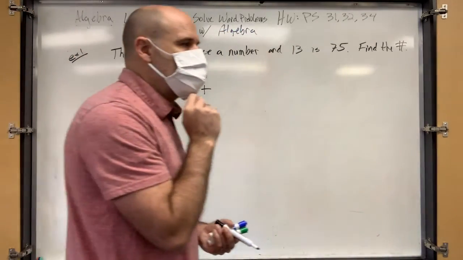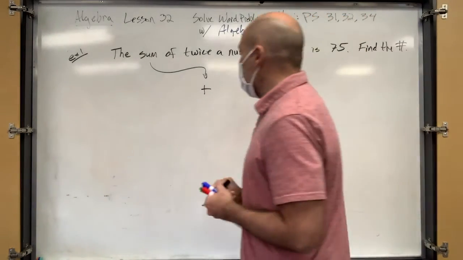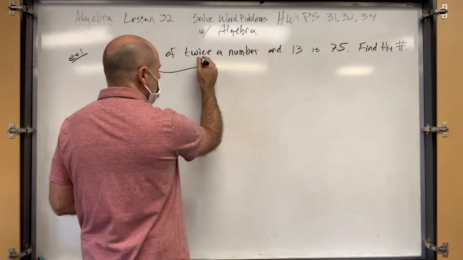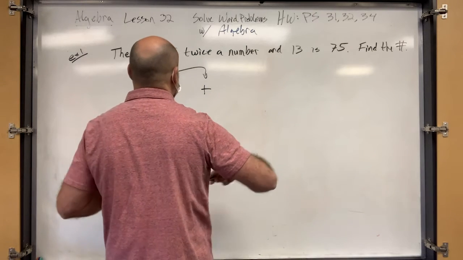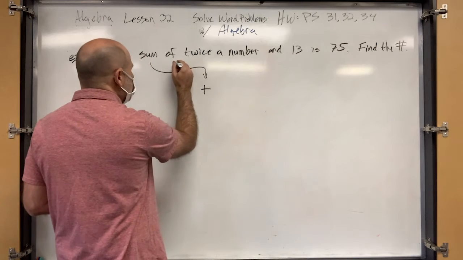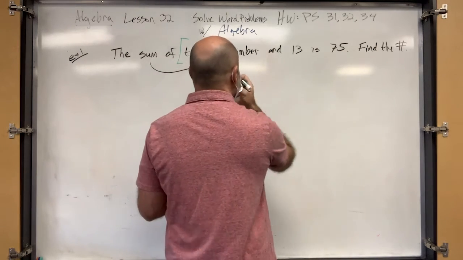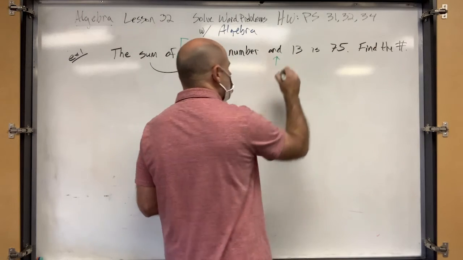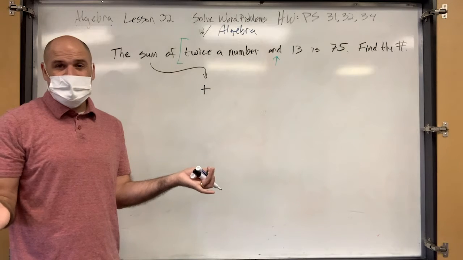So if I say the sum of, you're going to look for two things to add. After the word of, you're going to get your first thing, which is twice a number. Then we have this connector word, and that's basically where the addition sign goes.